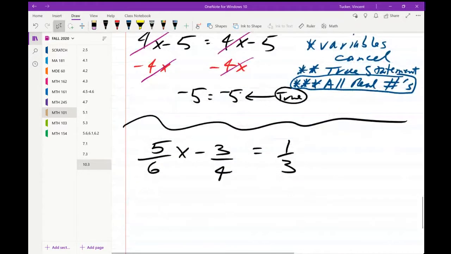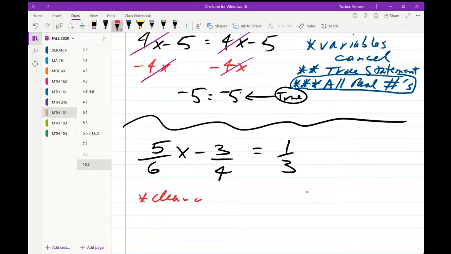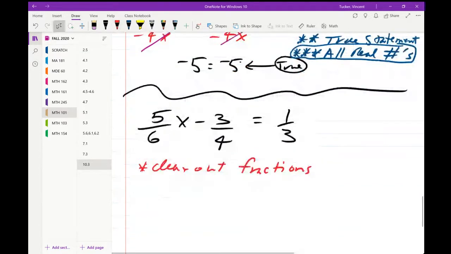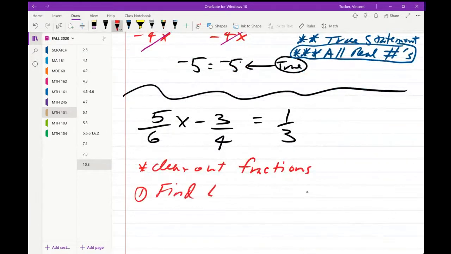We can solve this one two ways. Either we can keep the fractions, or we can clear out the fractions, which is what we're going to do right now. So first thing you want to do is find the LCD. When you look at 6, 4, and 3, you want the smallest number that 6, 4, and 3 can divide into evenly, and that is 12.